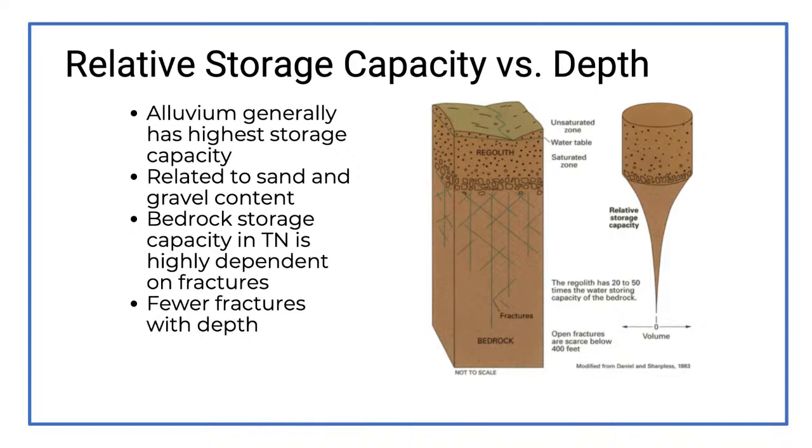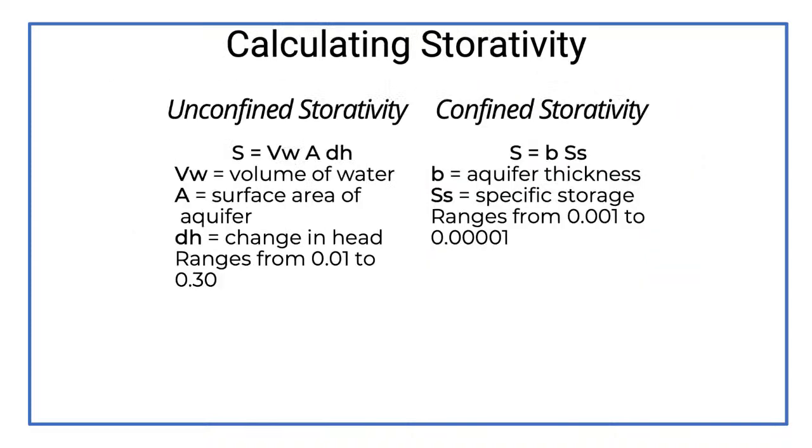You can go deeper if you're looking for bigger faults and you've mapped those out, but that's going to be the rule of thumb if we're just looking at fractured bedrock. And off to the right here, you've got a little illustration showing your relative capacity with depth. The alluvium pretty well retains its capacity for the entire depth, and then you start to lose storage capacity as you go deeper in the fractured bedrock.